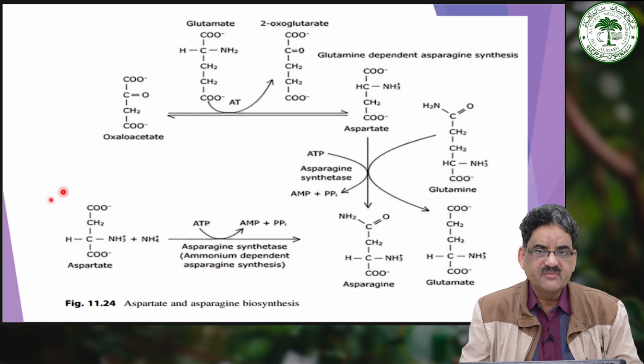So, this figure basically displays the biosynthesis of the aspartate and asparagine amino acids that are part of the nitrogen metabolism in plants. Aspartate is typically synthesized through the amination of oxaloacetate.